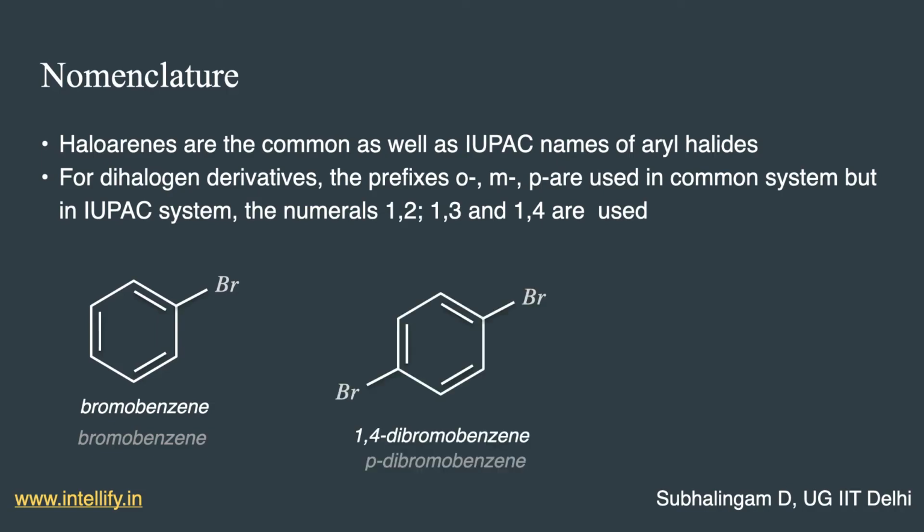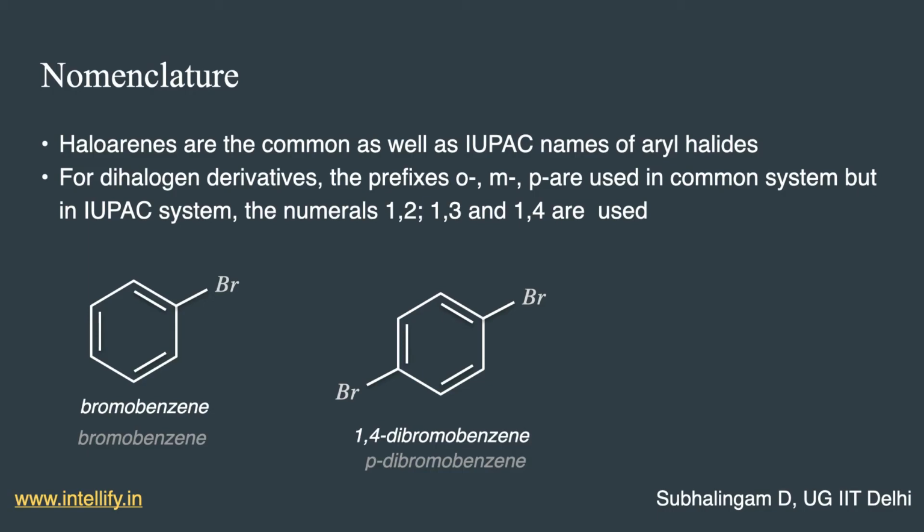Let's look into a di-substituted halogen compound. So we have a benzene ring and bromine substituted at two opposite carbon atoms. Since it is 1,4 substituted, we say it as para-dibromobenzene in common name nomenclature.